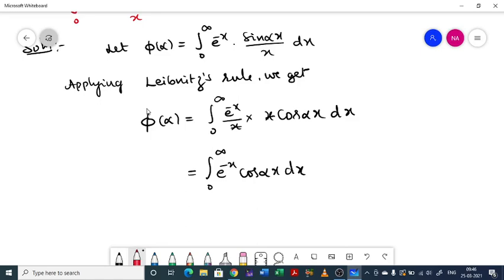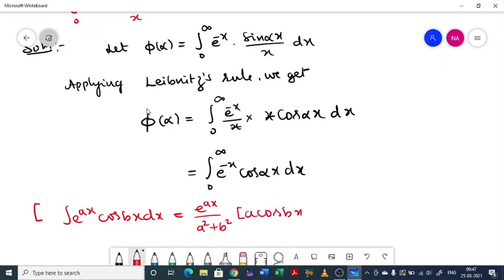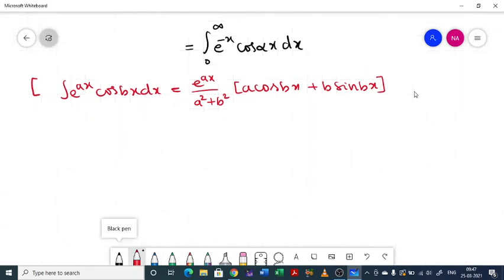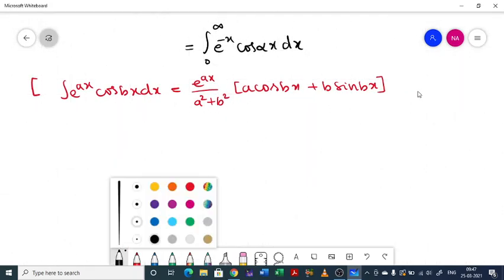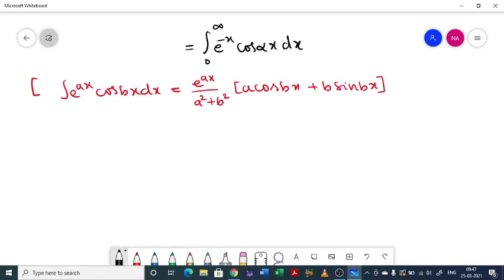But we have a standard integral that says integral e power ax cos bx dx is equal to e power ax divided by a square plus b square into a cos bx plus b sin bx. Close the bracket. So phi dash of alpha, using this result, you can compare this with this.